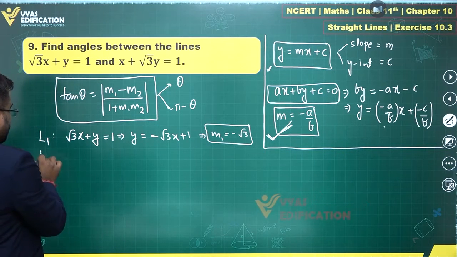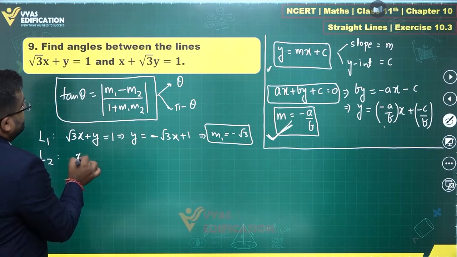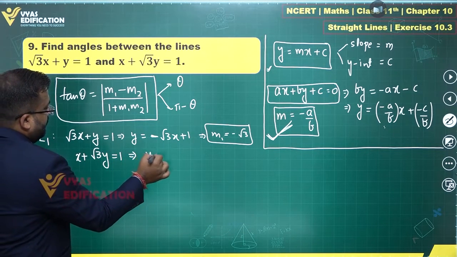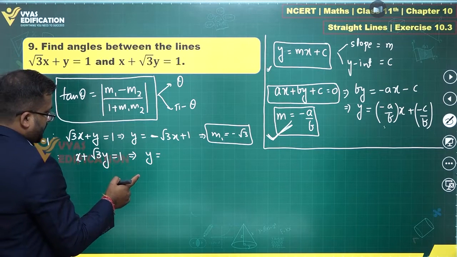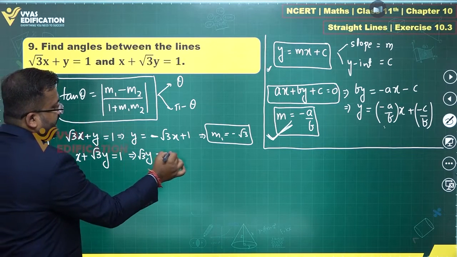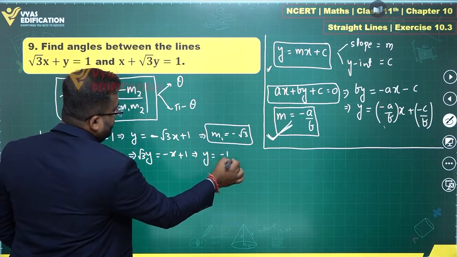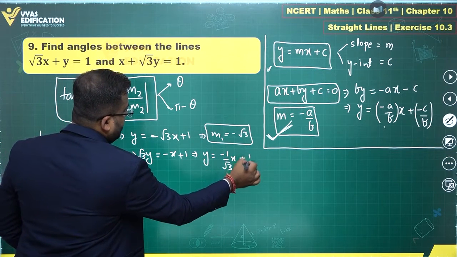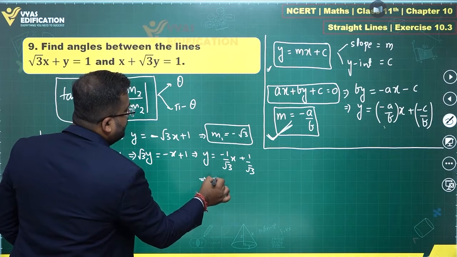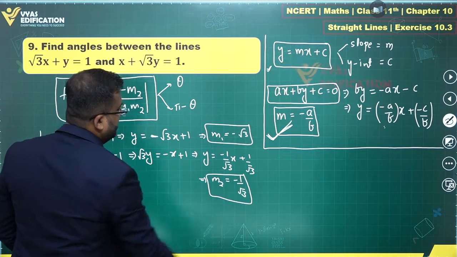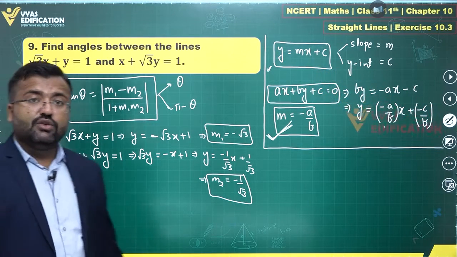After rearranging, L2 is x plus root 3y is equal to 1, which converts to root 3y equals minus x plus 1, and this tells me y is equal to minus 1 by root 3 x plus 1 by root 3, which tells me m2 is equal to minus 1 by root 3. This is what I was interested in. m2 is minus 1 by root 3.